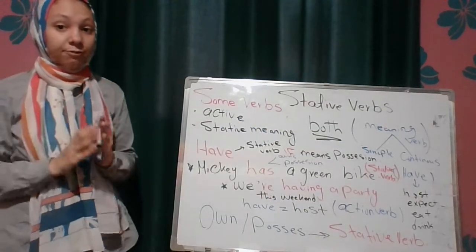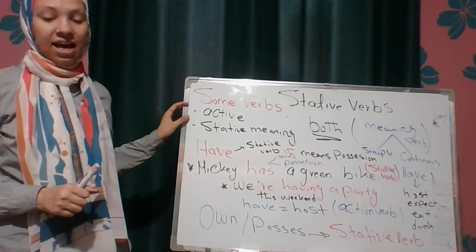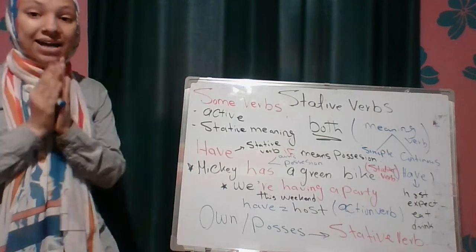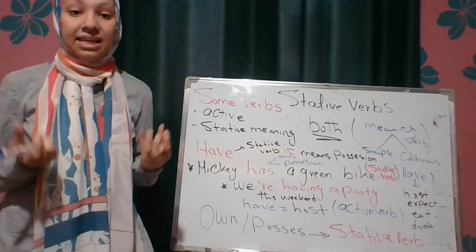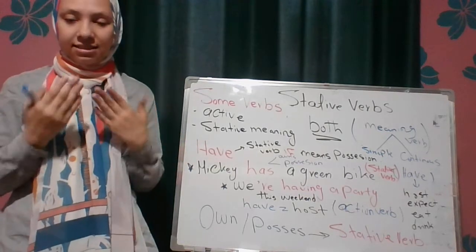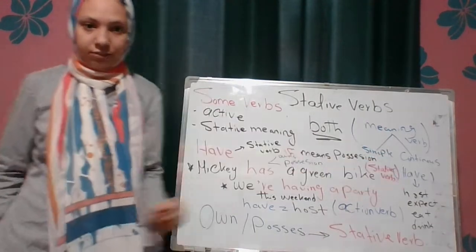Some verbs have both meanings, an active and a stative meaning. So you must decide the meaning of the verb before you choose the tense, whether it's a simple tense or a continuous tense.